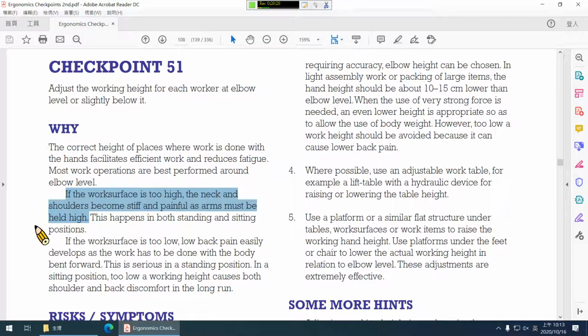But is this proved already, tested already, that this is bad? If the surface is too high, we know that you are using these muscles because you have to raise it.